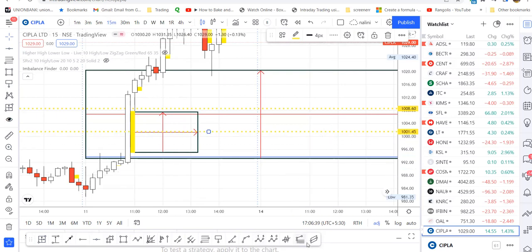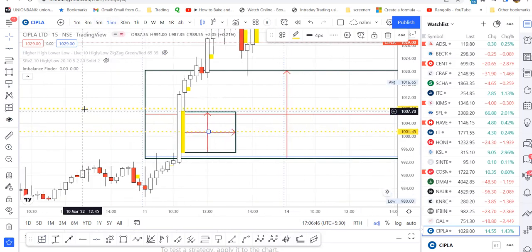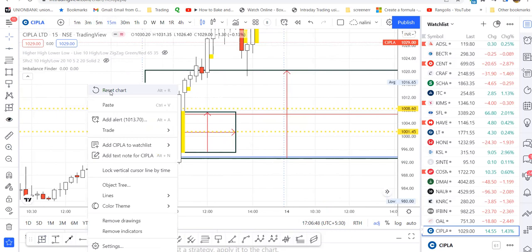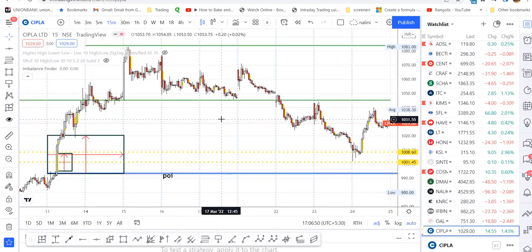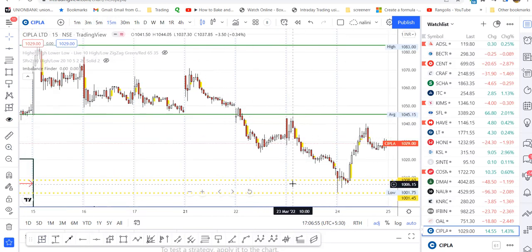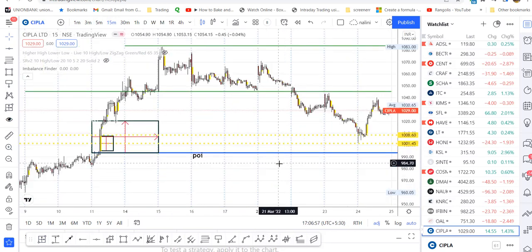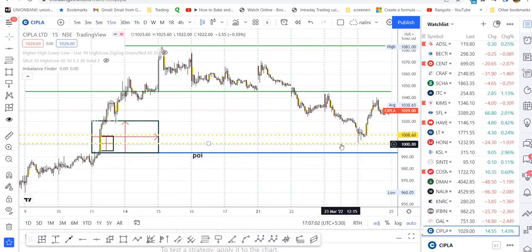These are the levels. 1001 and 1008 are the levels of my point of interest. So before taking the trade, I knew the point of interest was around 1000.80 and another level at 1008.8.